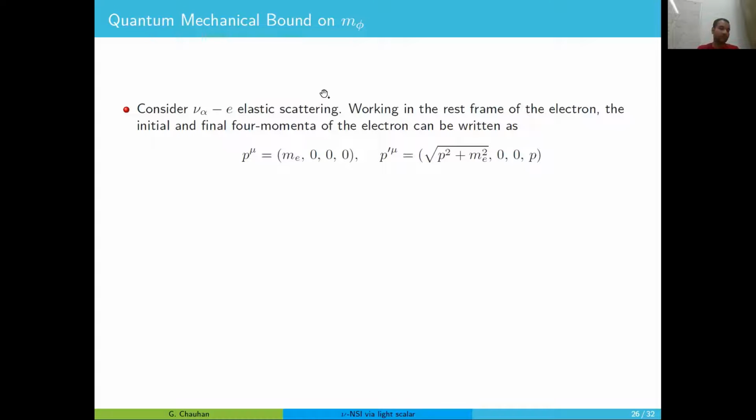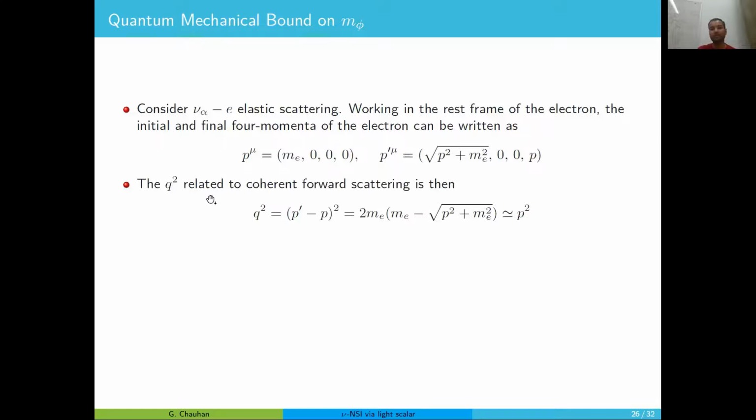So consider this electron neutrino elastic scattering, working in the rest frame of the electron. We can calculate that this q squared, the momentum transfer related to this coherent forward scattering of neutrinos, is of the same order as the electron recoil momentum. So p is the recoil momentum of this electron.